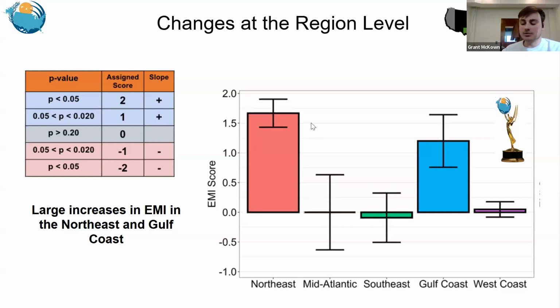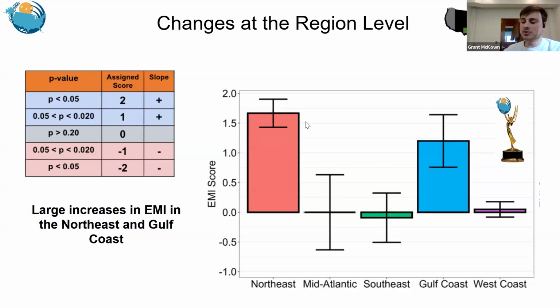Whereas if it was closer to -2, they would have also significant trends, but the trend would be negative for IMI. Whereas those that are close to 0, such as the Mid-Atlantic, the Southeast, and the West Coast, meant that most of their sites did not have a significant trend overall.